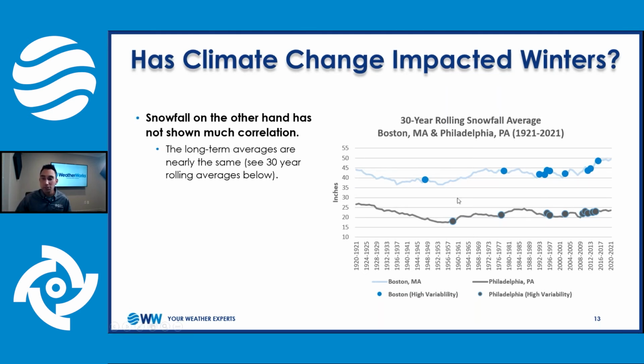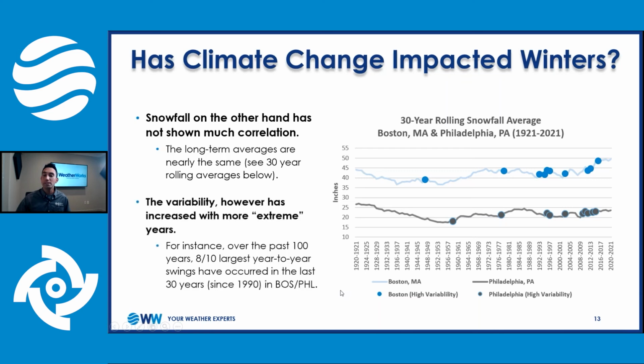And you can pretty much see that Boston, Massachusetts has more or less been consistent over the last century, and if anything, has actually dipped up over the last 10 years as opposed to down. Philadelphia, PA, very similar, pretty steady across this entire timeline, despite the overall trend in warming temperatures. So there isn't much correlation, at least we haven't seen any yet, across these two locations and across some of the other data sites that we looked at as well.